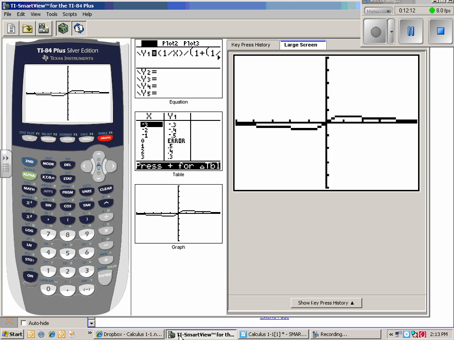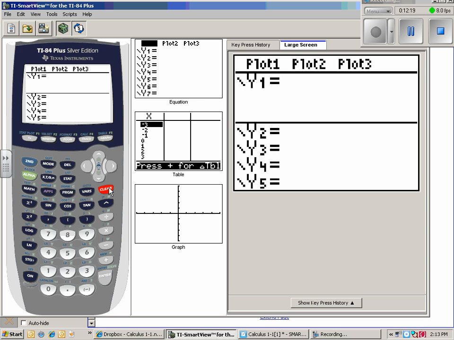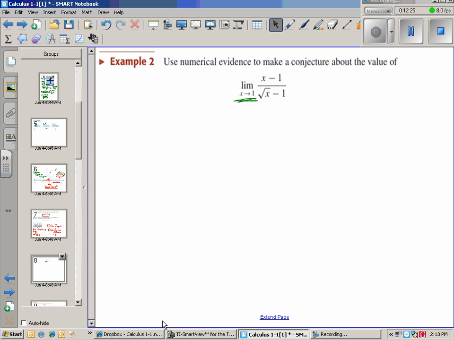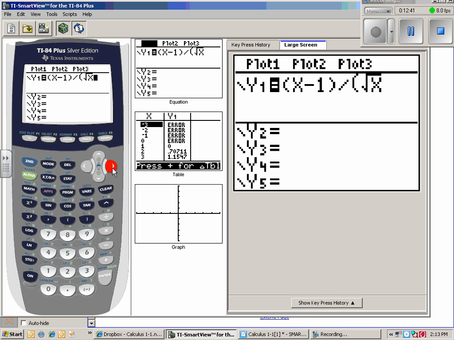So I want to pull up my graphing calculator so that I can evaluate that function. Again, we're looking at the quantity x minus 1, that whole quantity, divided by the quantity, the square root of x minus 1.